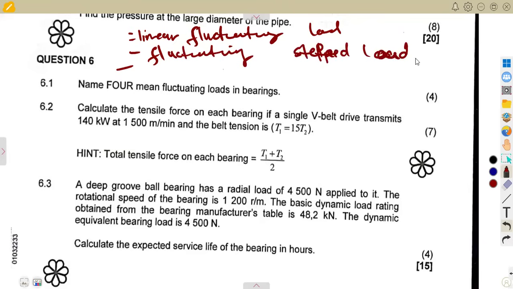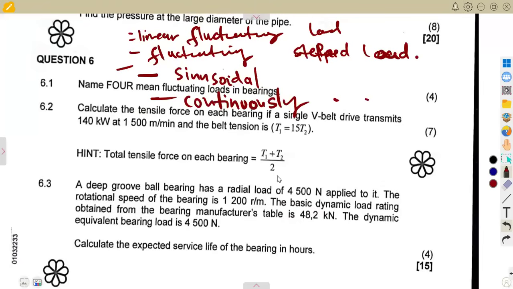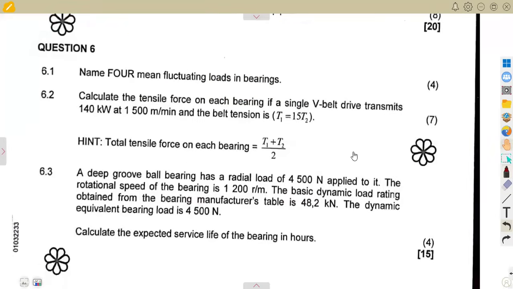We also have a sinusoidal fluctuating load. Then we also have a continuously fluctuating load. So these are the types of the mean loads that we have.